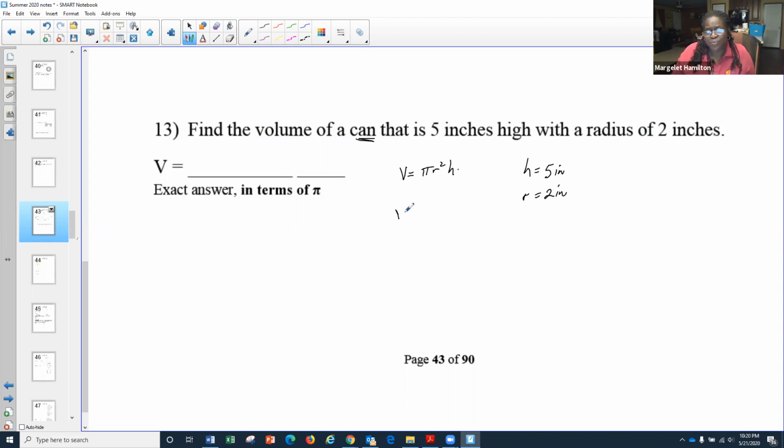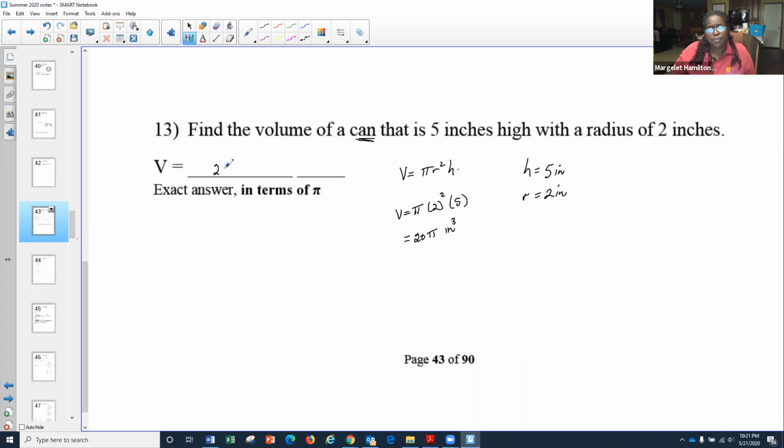So we have volume equals pi. My radius is 2. I'm going to square that, and then my height is 5. Doing our calculations, here we have 2 raised to the second power is 4. 4 times 5 is 20. So we have 20 pi, and then inches cubed.